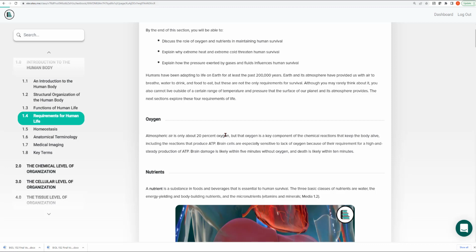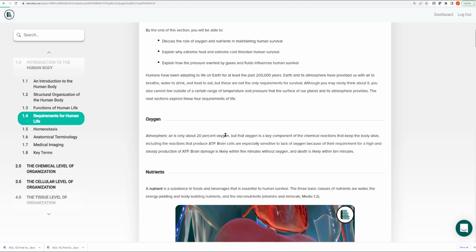All of our cells need oxygen, and this is why brain damage or heart attacks are so devastating. If there's just a few minutes where the cells of the heart in a heart attack or the cells of the brain don't have oxygen, then permanent damage happens, right?